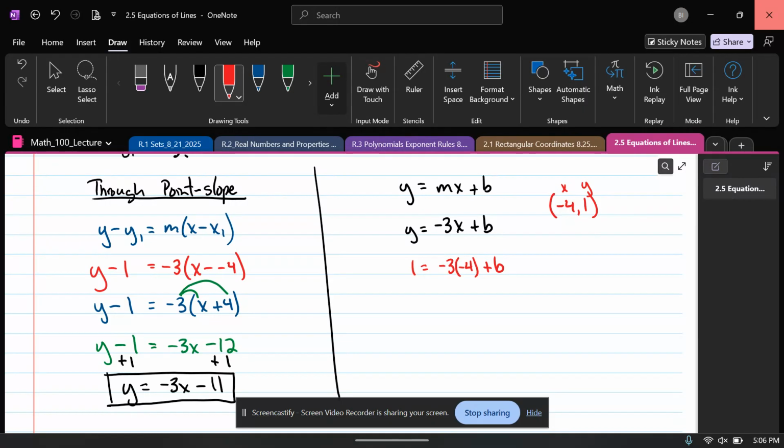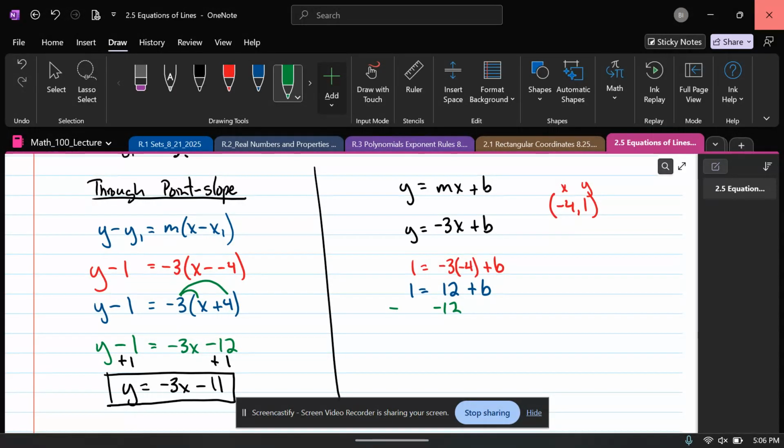So far, for each of these, I've done the same kind of step. It's just one step there. And now the next step is multiply negative 3 times negative 4. What's negative 3 times negative 4? So we got 1 equals 12 plus b. And then I need to get b by itself, so I'm going to subtract 12.